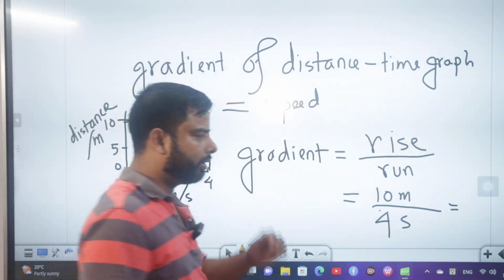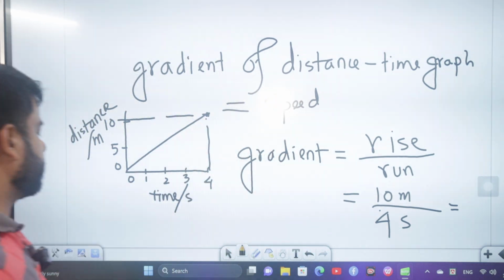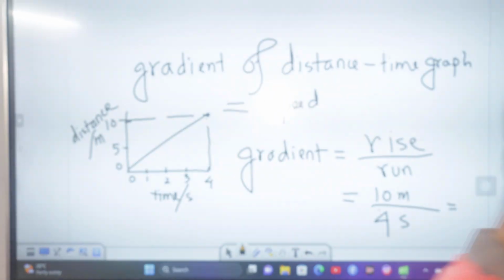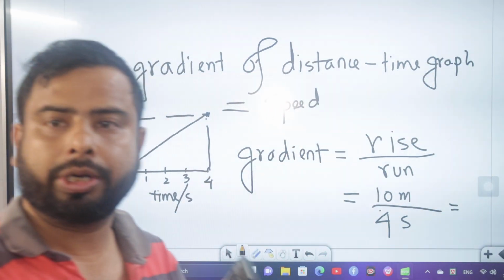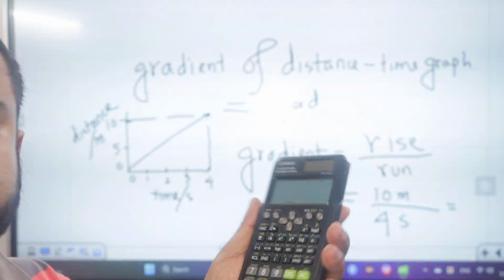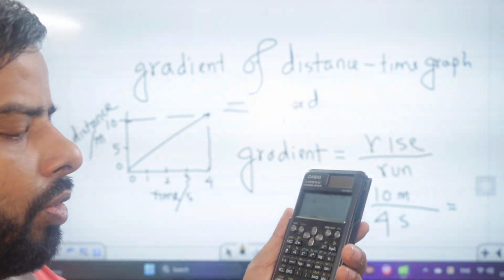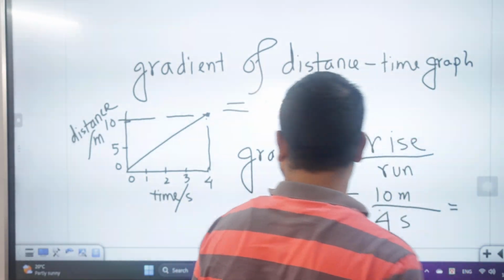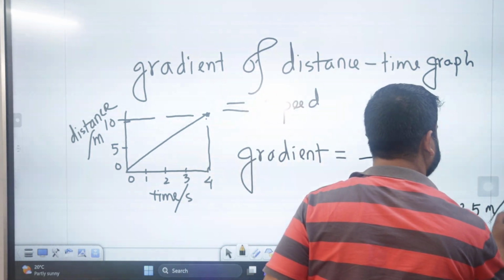After calculation we get the speed. By using calculator, 10 divided by 4, so the correct answer is 2.5. So speed here is 2.5, unit is meter per second.